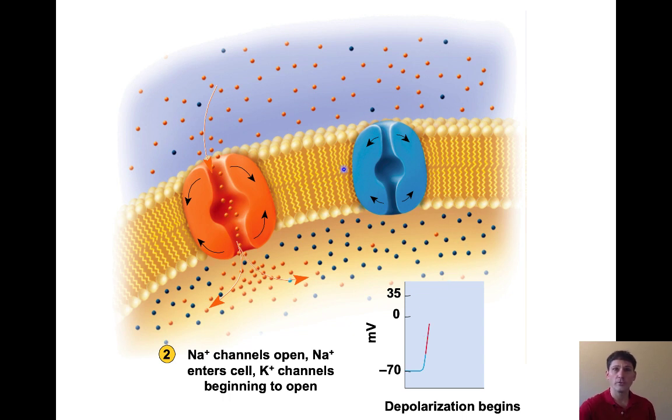You should have also drawn in some potassium channels that are opening real slowly. They're taking their time. They're a little bit harder to wake up in the morning, and things are moving through them much more slowly than this sodium. Sodium is rushing in real quick.